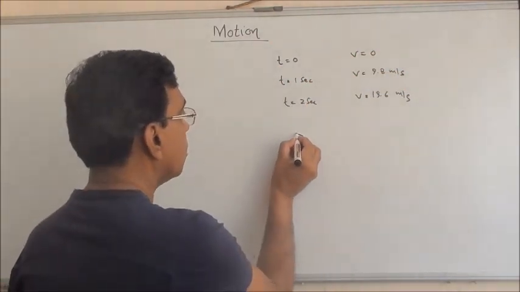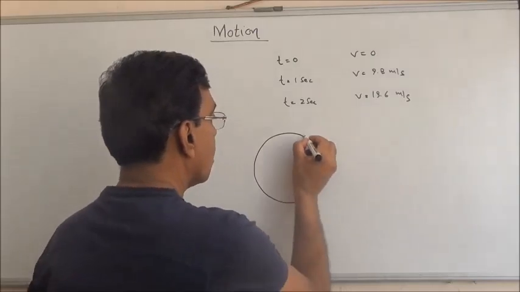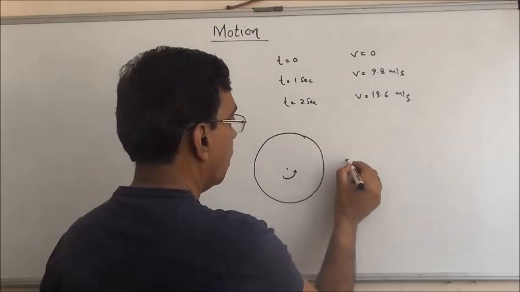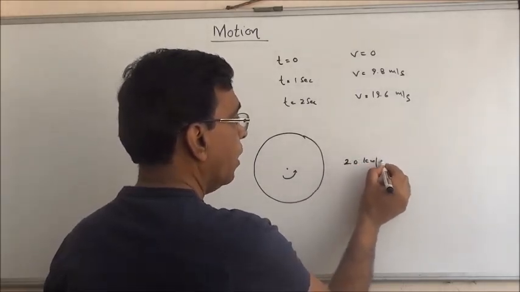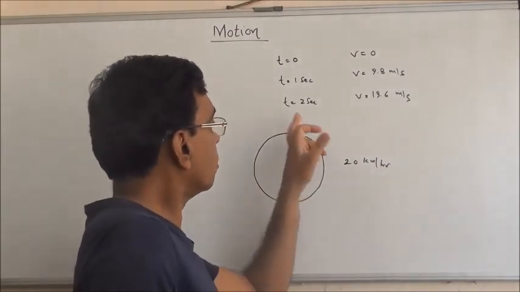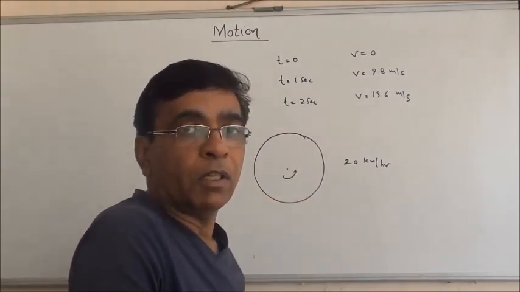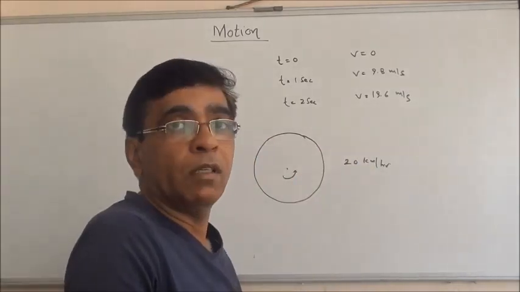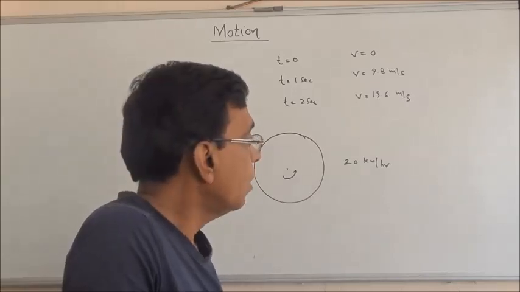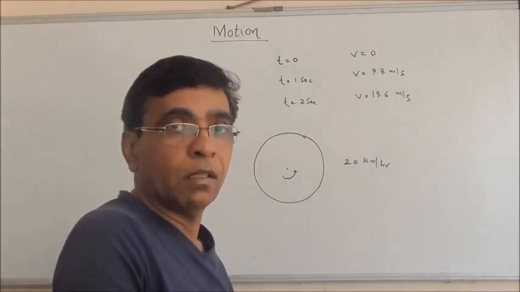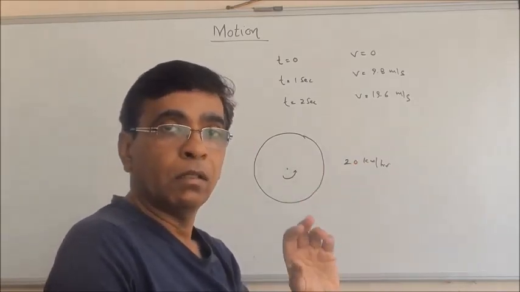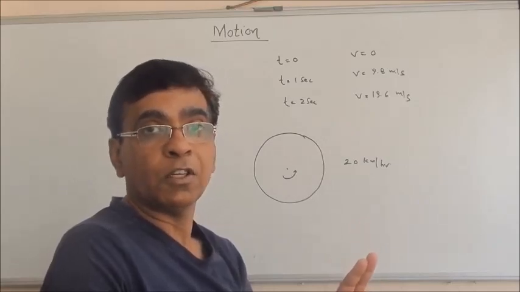Okay, take another example. Suppose an object is moving on a circular path and the speed is 20 km per hour. This is the speed of the object on the circular path. Now my question is, if the speed is constant, is the motion accelerated? The answer will be yes, because acceleration means speed and also direction.